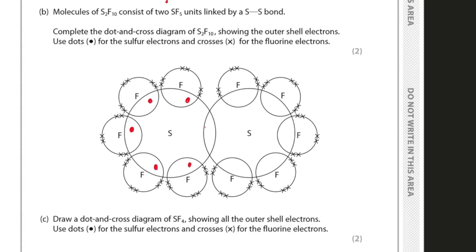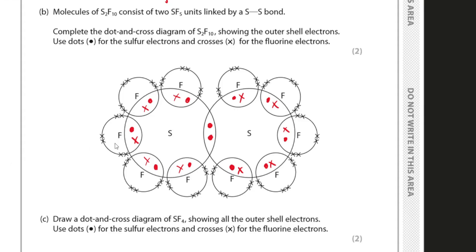So in this case, between the sulfurs, one sulfur is going to donate one of its electrons, while the other one donates another one. So this makes it 8, and then you have one electron coming from each fluorine down there. Repeat the same process down here as well. So this will be our correct dot and cross diagram.